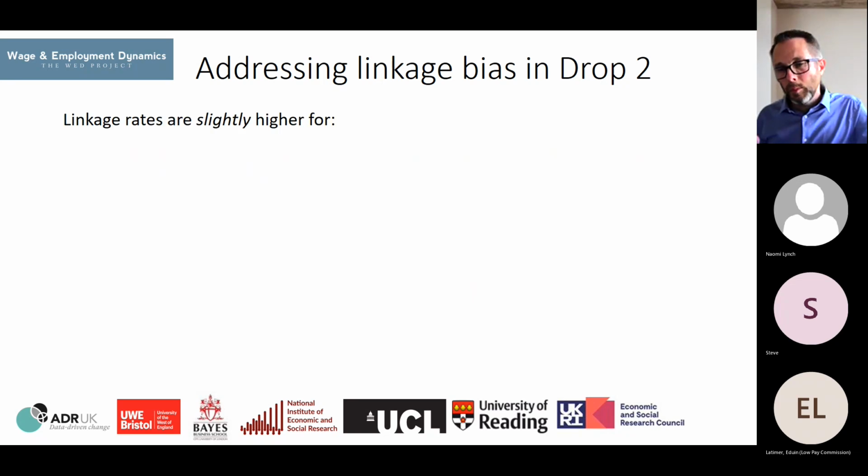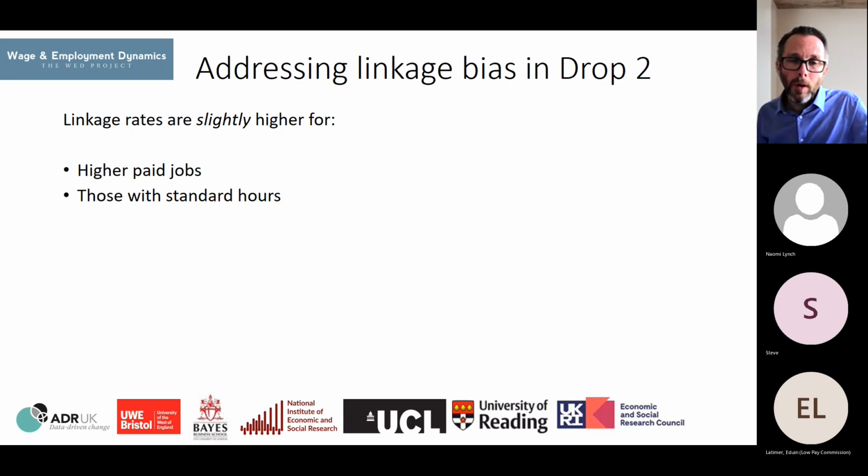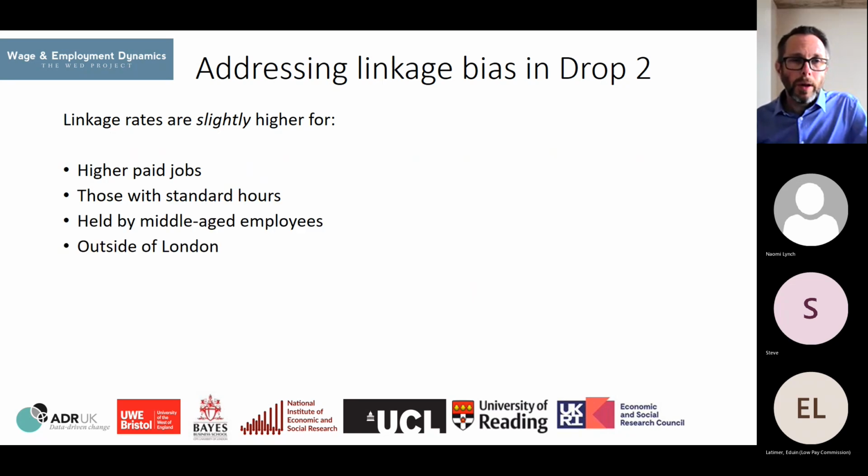What we find is that the people who do get linked to the census across these two phases of linking are more likely to be in higher paid jobs. They're more likely to have standard hours. They're more likely to be middle-aged employees, and they're more likely to be working outside of London. Those are the kind of characteristics that go with stable employment or stable residence.